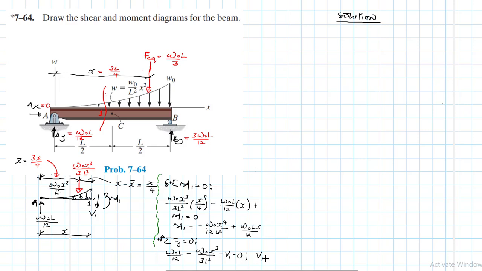Therefore, our V1 is just going to be equal to minus w naught x cubed divided by 3L squared plus w naught L divided by 12.